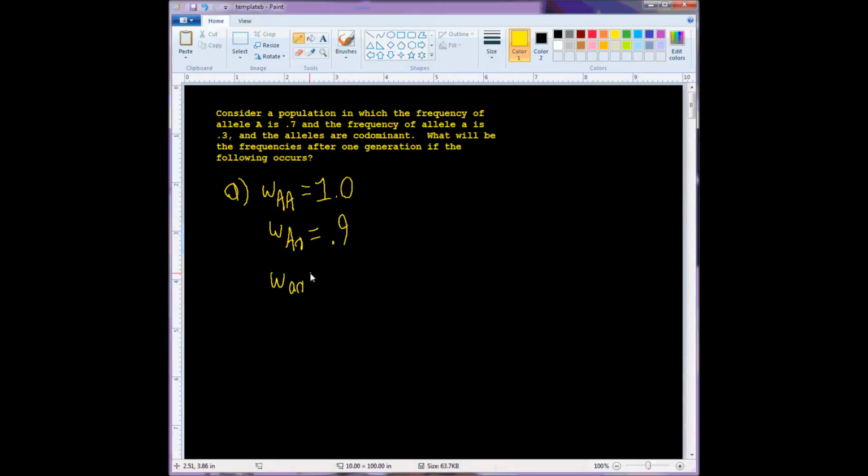And for the homozygous little a, it's 0.8. It doesn't really matter too much if they're codominant or dominant. We just want to know what the frequencies are going to be once these guys reproduce.